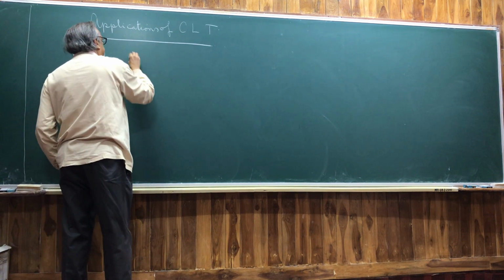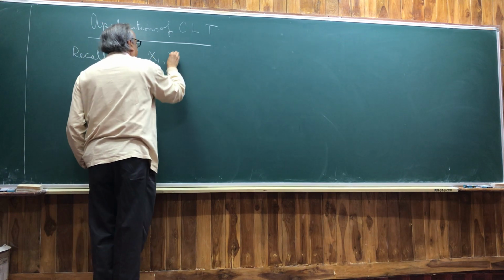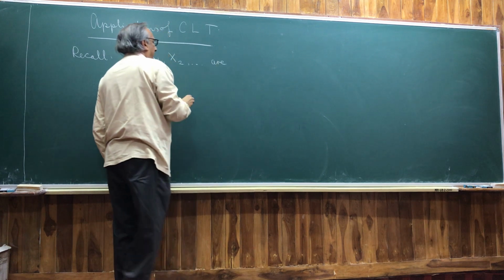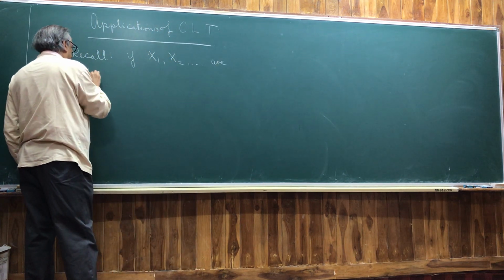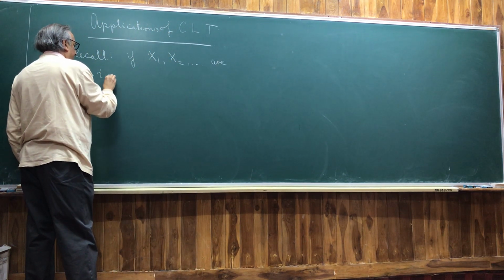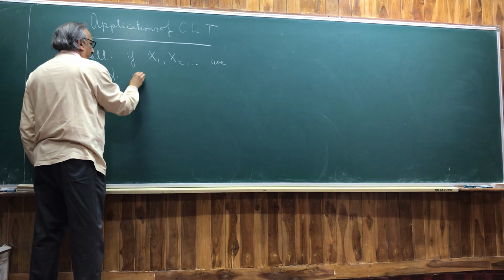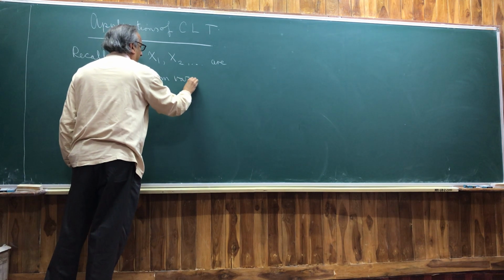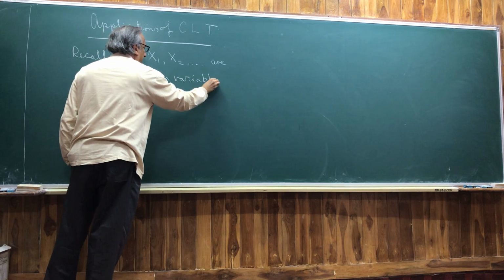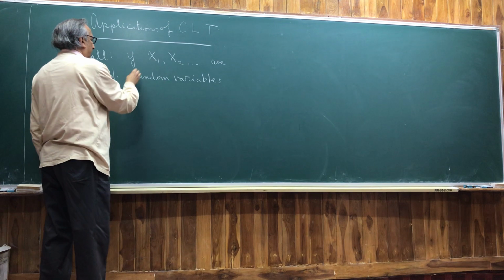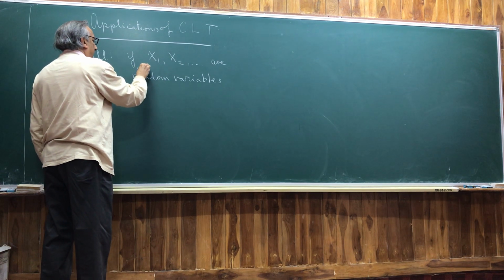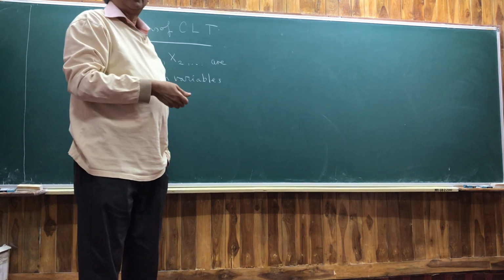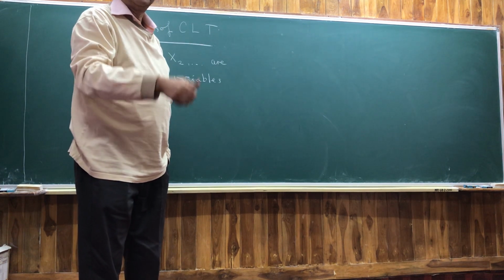If x1, x2 are independent, identically distributed random variables, actually there was an important word, they were continuous random variables, because I was using the theory of the convolution for the density functions.